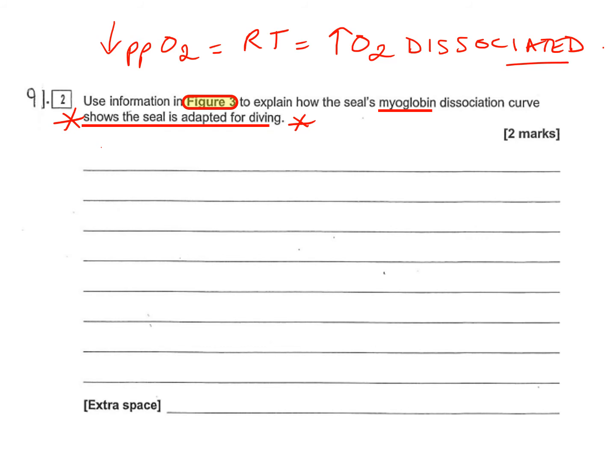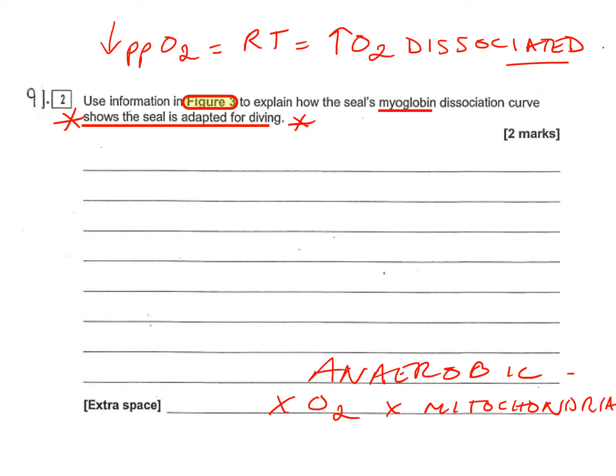Now, we know from anaerobic respiration, I'll just put this at the bottom, anaerobic, that does not involve oxygen, does not involve mitochondria. But what it does produce is increasing levels of lactic acid or lactate.